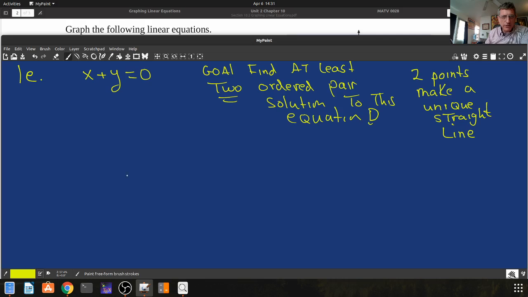But you're saying, oh no, in the past I was able to do it because they gave me some value of x, for example, like 3, and then I was able to find the corresponding value of y. Or sometimes they gave me the value of y, like 7, and then I was able to find the other value for x. Well, guess what? We can do that same exact thing too.